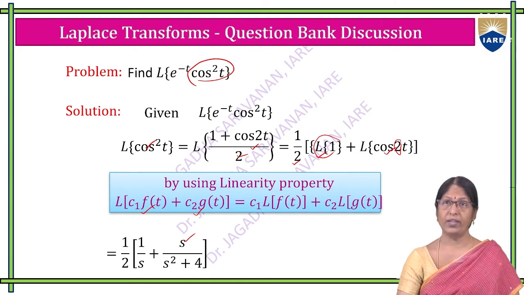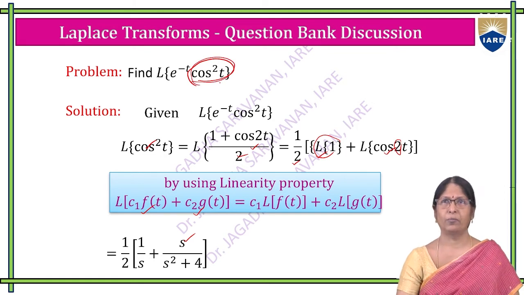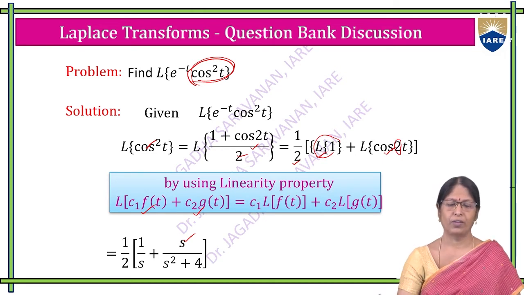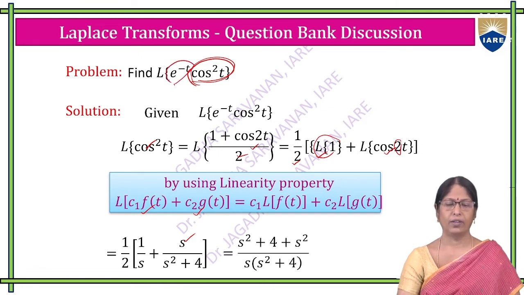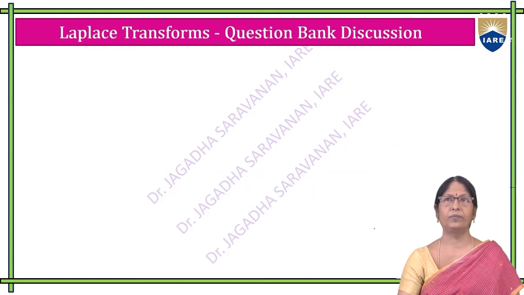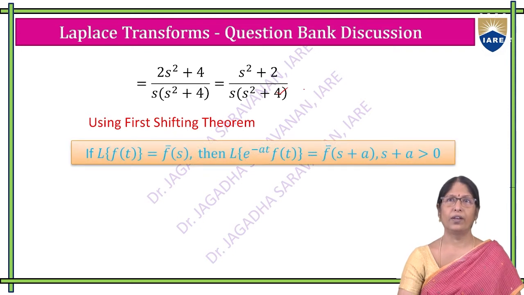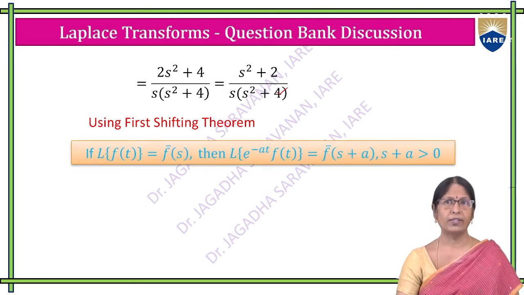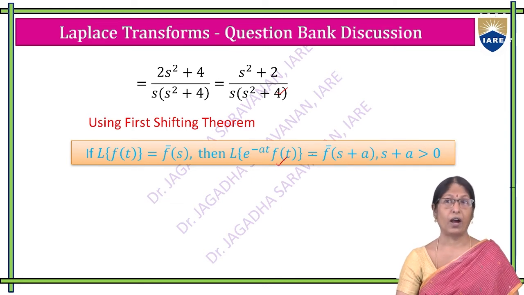But our question: we focused on only cos square, but our question is cos square multiplied by e power minus t. So now we have to focus on this. The simplification is done here. Now the e power minus t multiplies whatever the f of t is; our f of t is cos square t.